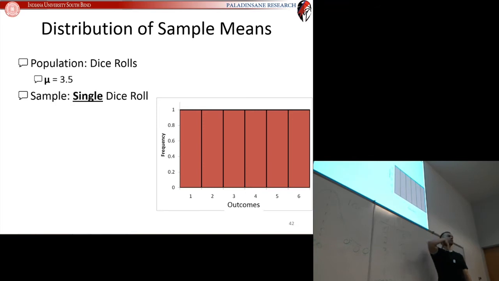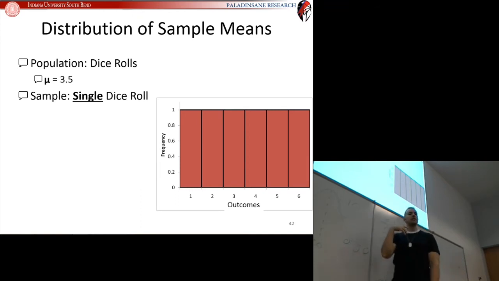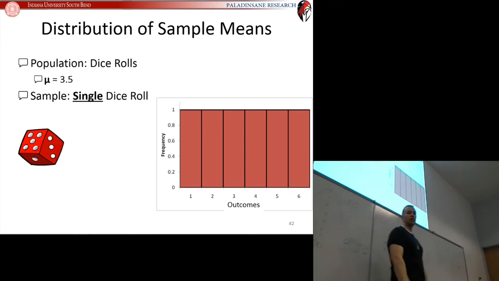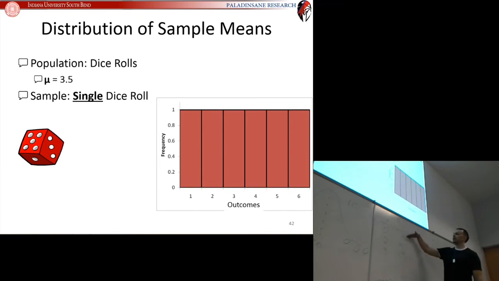Let's say that you're sampling this population by taking a look at single die rolls. So much like what we did here, we start taking every single possible sample of die rolls. And there's only 6 of them, and their means would be 1, 2, 3, 4, 5, and 6.